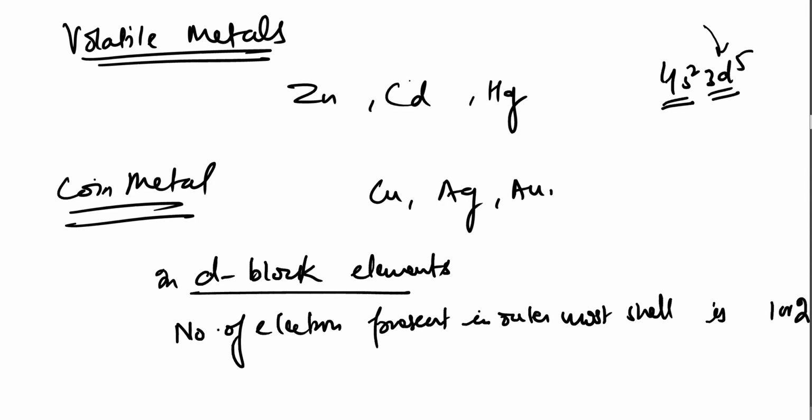But the number of electrons present in the penultimate shell is from 9 to 18.